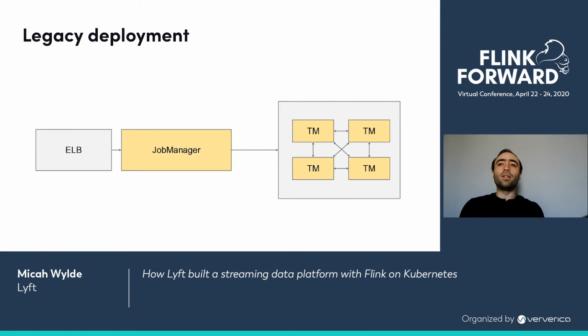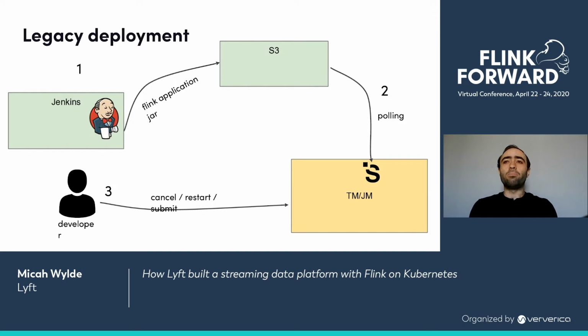In our legacy deployment, pre-Kubernetes, we deployed all of these things onto raw EC2 nodes. We'd have an elastic load balancer in front of a job manager, and then a handful of task managers. The deployment process on top of this infrastructure was pretty finicky. We had a bunch of different steps. It started with a Jenkins deploy, which would deploy the actual Flink application jar to S3.